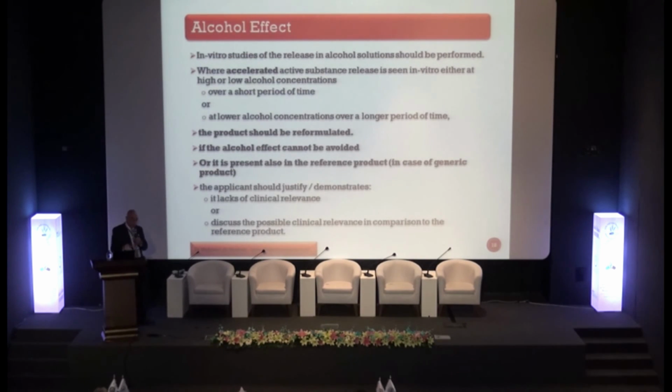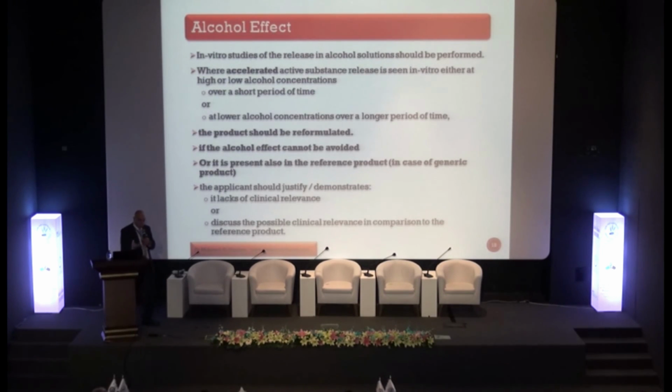The other thing I wanted to talk about, although this is not a food effect, is something of the pharmaceutical development requirement that is required as well through the compilation of the dossier and submission: the alcohol effect. The alcohol effect was brought to the attention of the authorities, I think by the Dutch authority, who realized that for opioid preparations, people who are taking opioids, some of them heavy drinkers, have seen some toxicological effects.